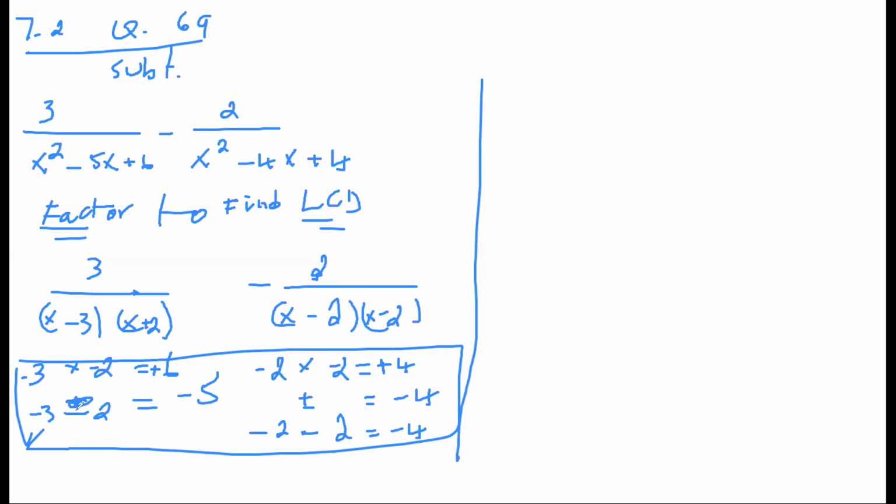That's the only thing in common. Let's fix that. This is supposed to be a negative because we use a negative. So x minus 2 is what's common.